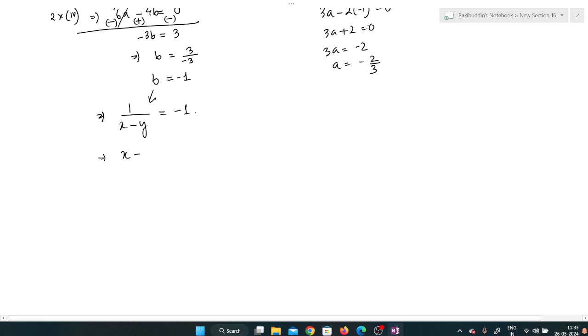If I reciprocate, x minus y by 1, minus 1 will be minus 1 only, it will not change. And in place of a, we write 1 by x plus y, equals minus 2 by 3. If I reciprocate this, the same operation will be applied to the right hand side also. It becomes minus 3 by 2.